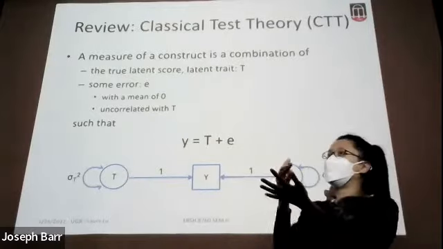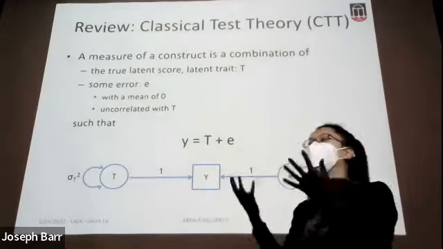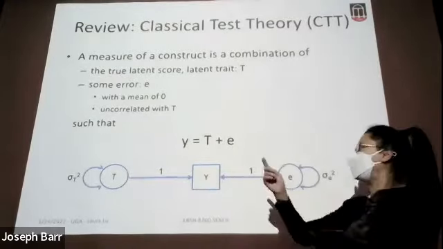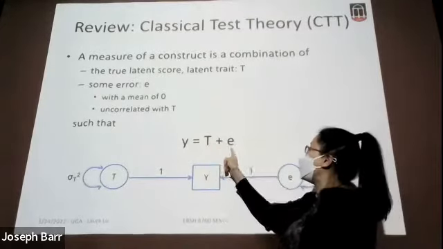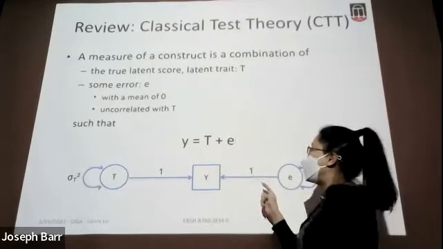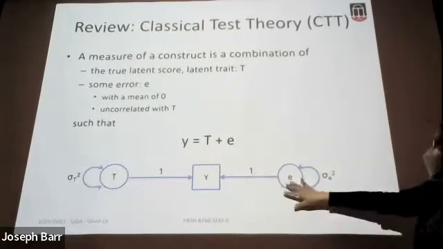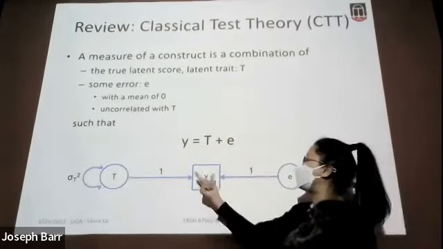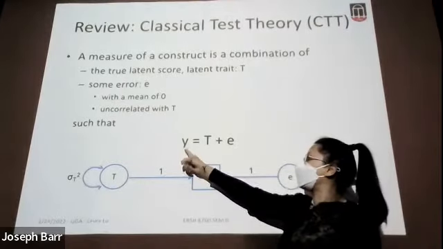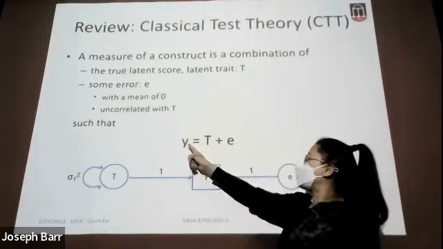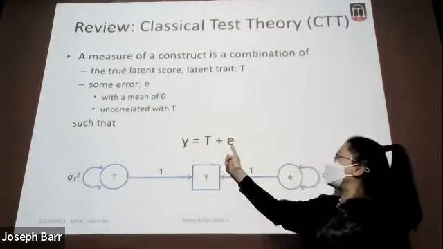So we have to use some measurement tool to get that true score. So we have the measurement error here. Combining the true score, which is unknown, and the measurement error, we have the observed Y. Y has some part of E, which is due to the error.